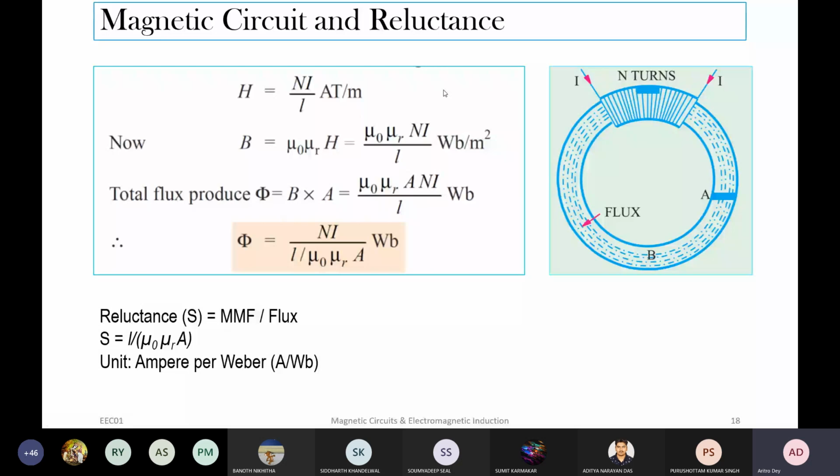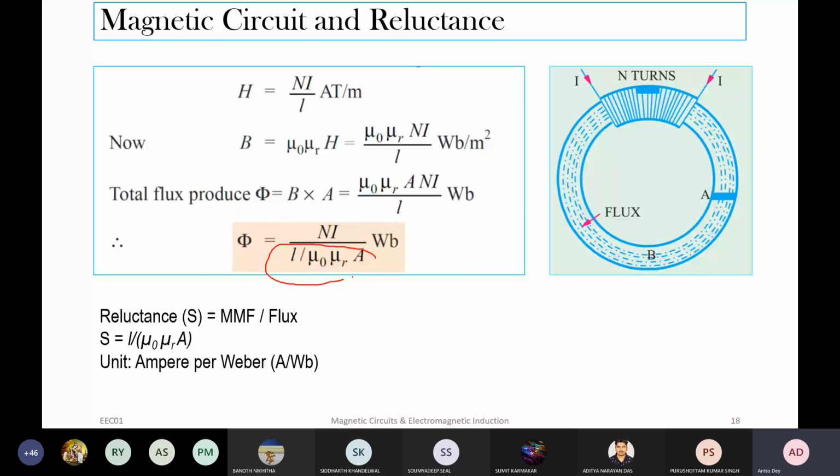So in the other way, phi is equal to MMF, NI by L, divided by mu 0 mu r into A. This expression can be written as reluctance. Reluctance equals MMF divided by flux.